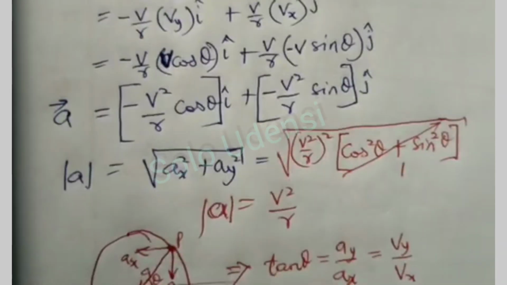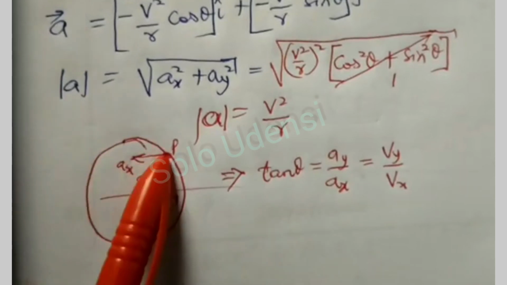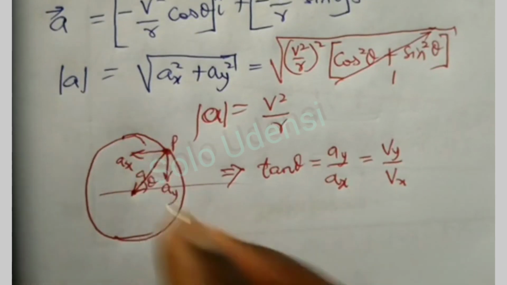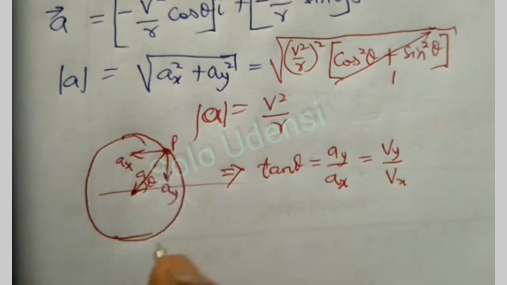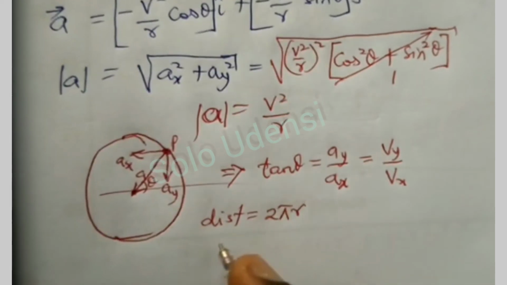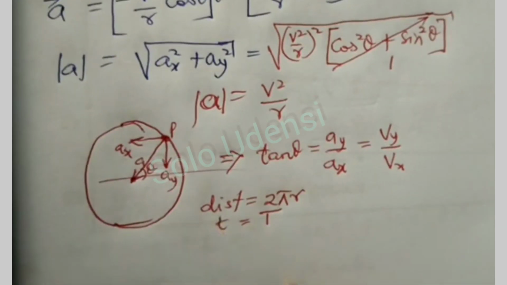Remember also that the time for this particle to move from this point P and back to that point P is called the period. The time to cover one complete cycle is the period of oscillation, and the distance moved is just the circumference of the circle, 2 pi r, and the time is equal to the period.